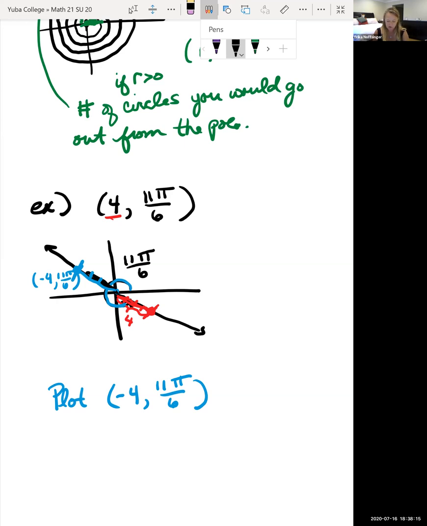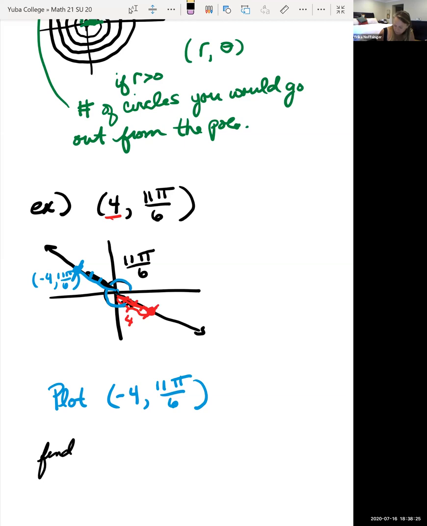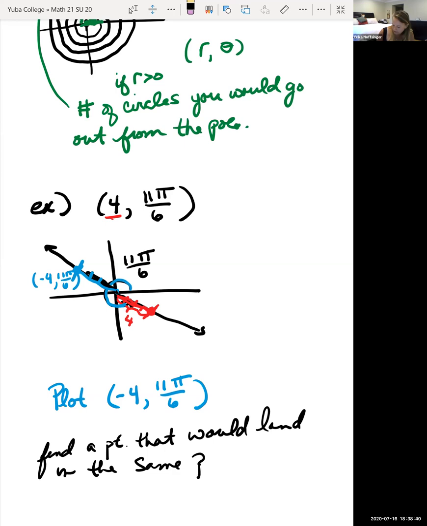So let's look at another way to write this point: find a point that would land in the same place as -4, 11pi/6.